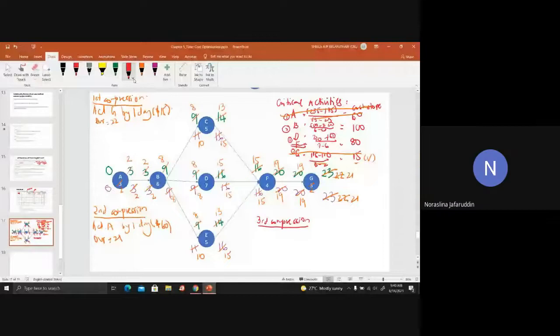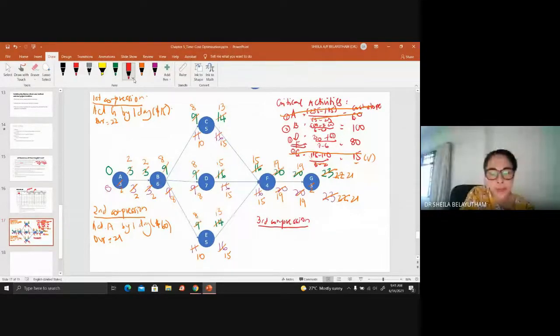Why can we start from the first activity? I mean, why do we have to choose the lowest value of cost slope? Yes, you have to start with the lowest value because we want to find the most optimum, the cheapest cost first. If you start directly with the higher value, you cannot provide the duration with the lowest cost.